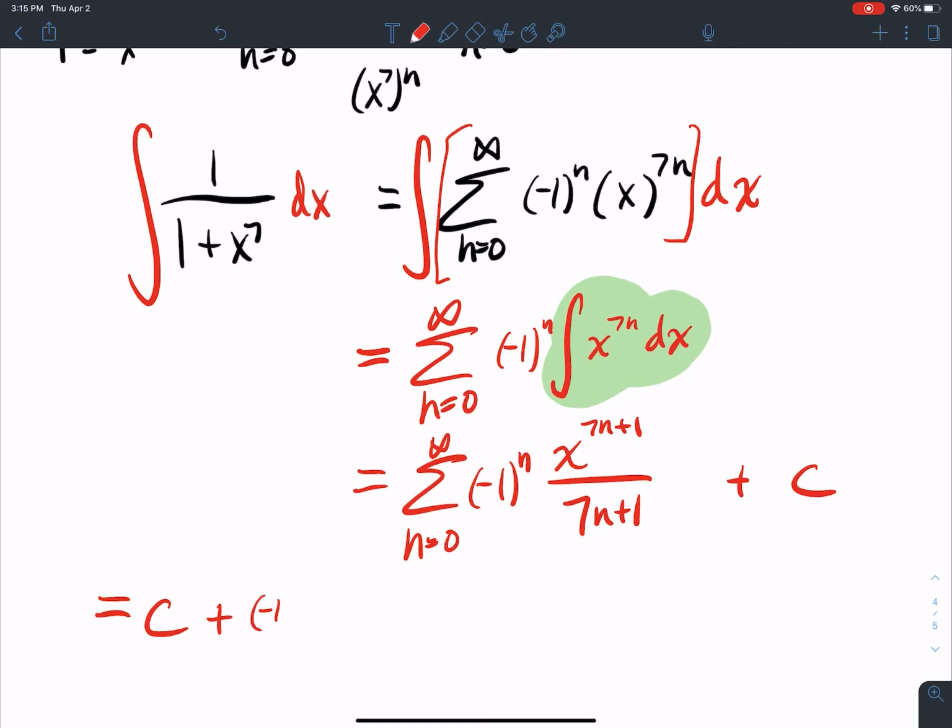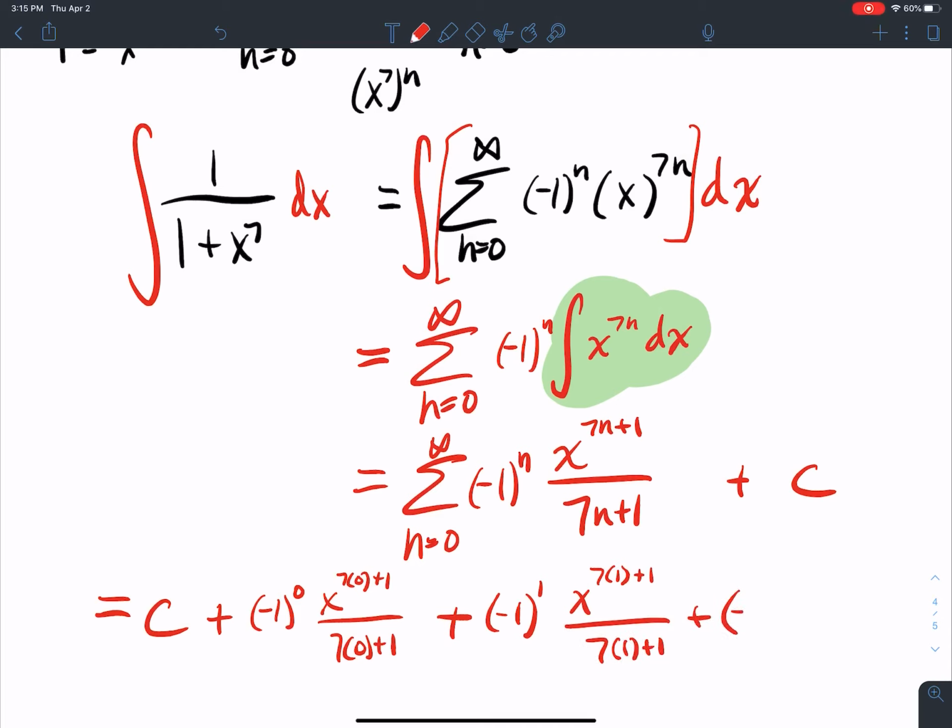Okay, so negative 1 to the 0, x to the 7 times 0 plus 1 over 7 times 0 plus 1. Then plus negative 1 to the 1, x to the 7 times 1 plus 1 over 7 times 1 plus 1. And then plus negative 1 to the 2, x to the 7 times 2 plus 1 over 7 times 2 plus 1, and so on, right?